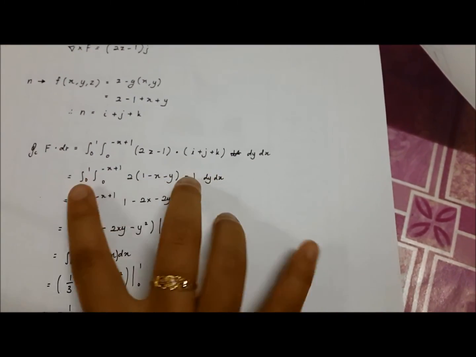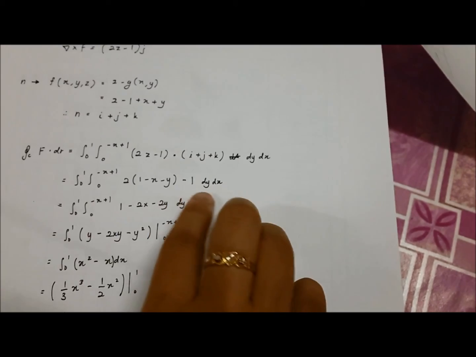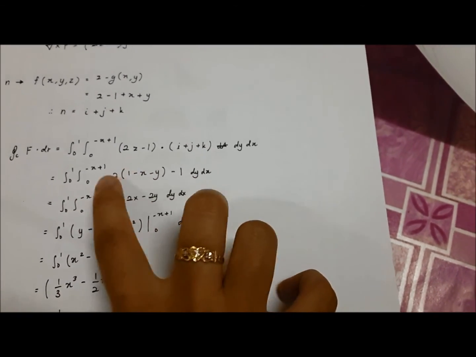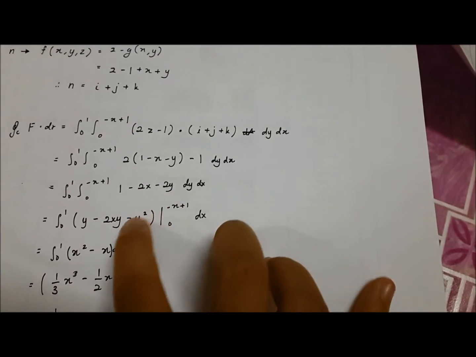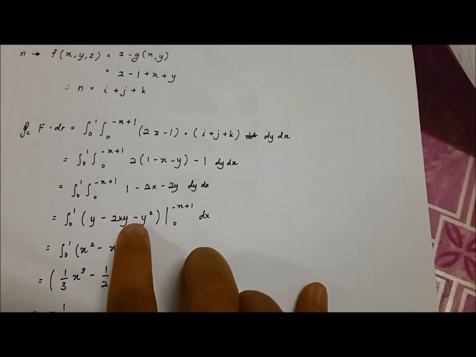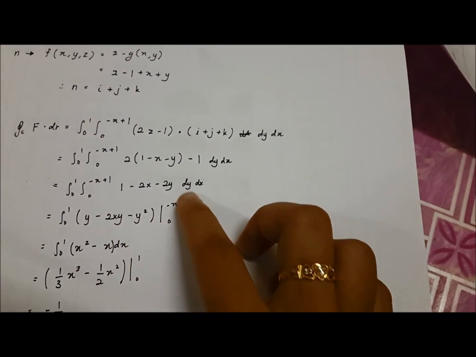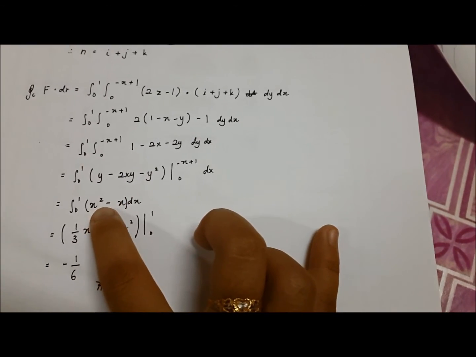So first we integrate the inner part, not the outer part, which is dy. When we integrate, we are able to obtain y minus 2xy minus y square. So we substitute the limits in y, and we obtain x square minus x.